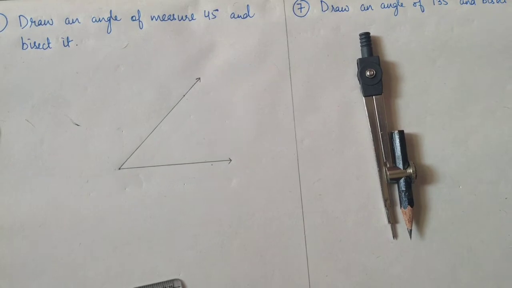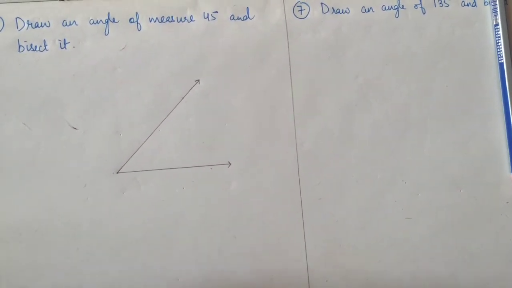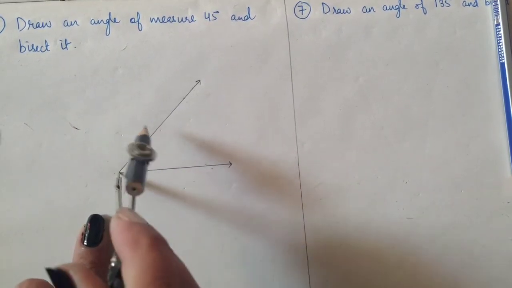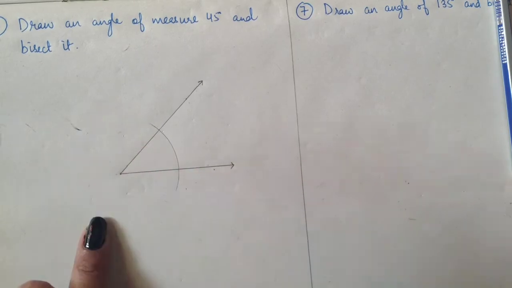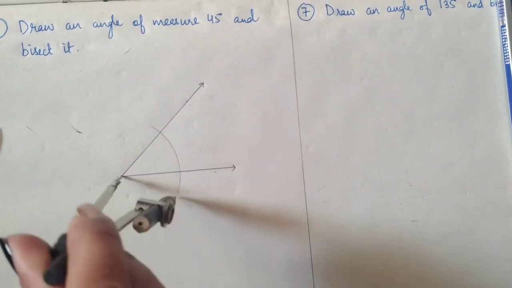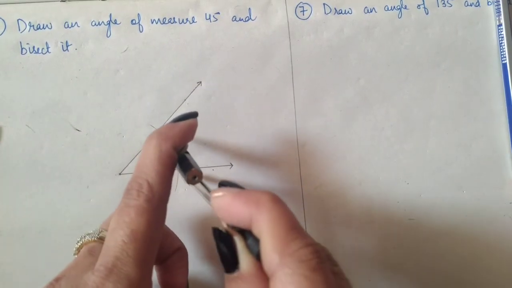Fine. So that's 45 degrees. Now I have to bisect this. Same procedure. Keep your pointer at the vertex carefully and draw an arc like this. Yeah, it's correct.